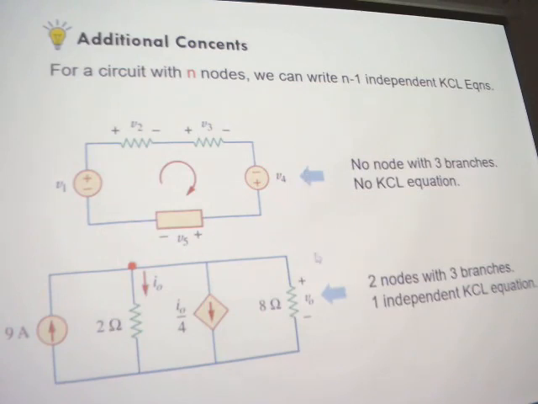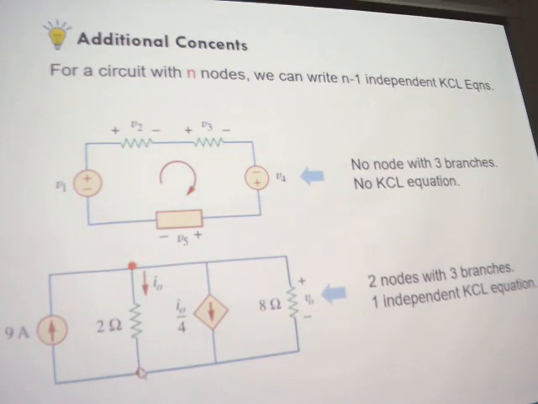Okay. And here we can say for this figure we have 2 nodes with 3 branches. So we have one of these and one of these. But we just have one independent KCL equation. You can say this one and this one.